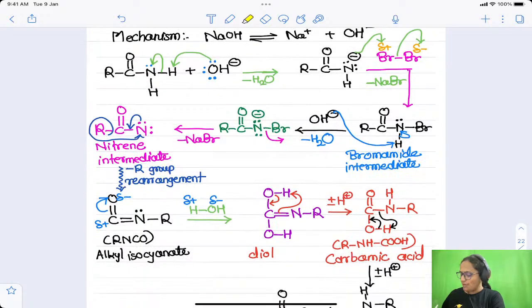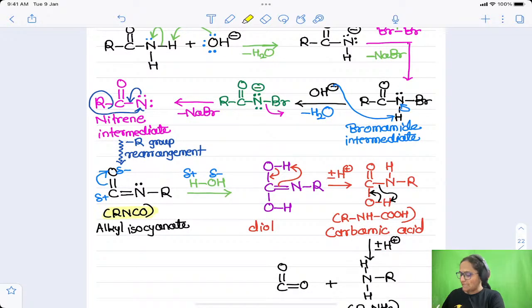This is how we get a new intermediate, RNCO, which is called alkyl isocyanate. On addition of water to the alkyl isocyanate, we first get a diol, which is unstable. Therefore, after transfer of H plus from one position to other, we get RNHCOOH, which is also called carbamic acid.